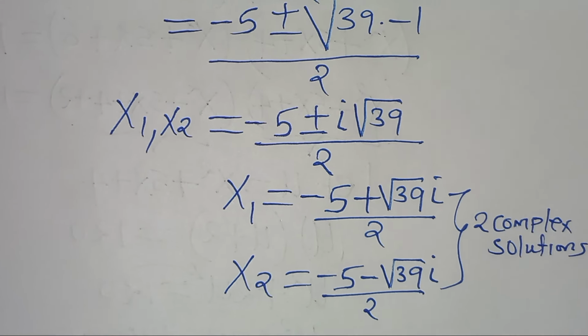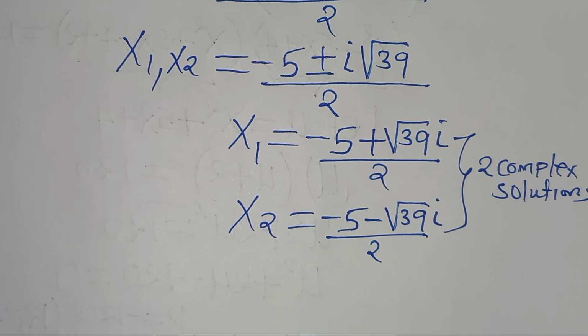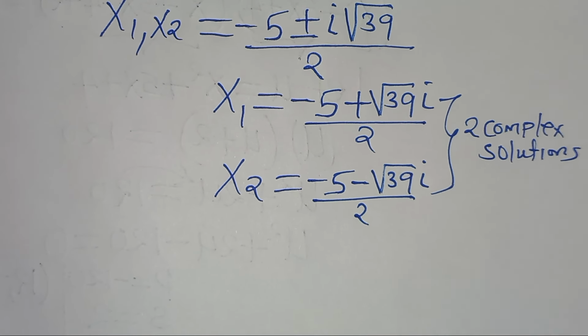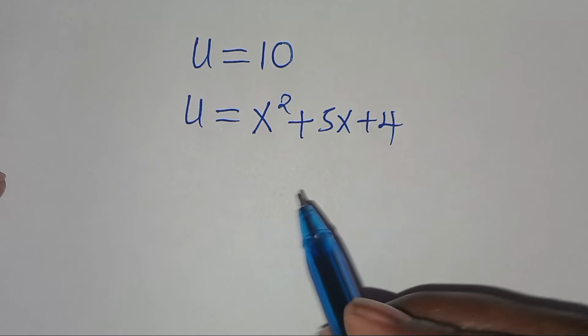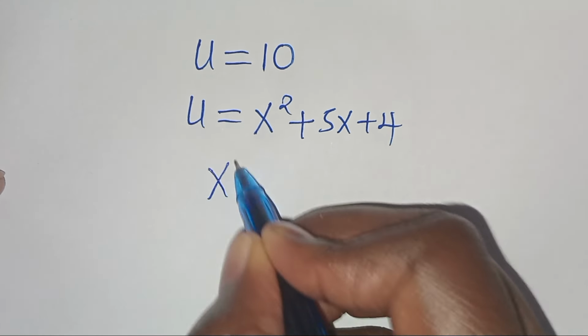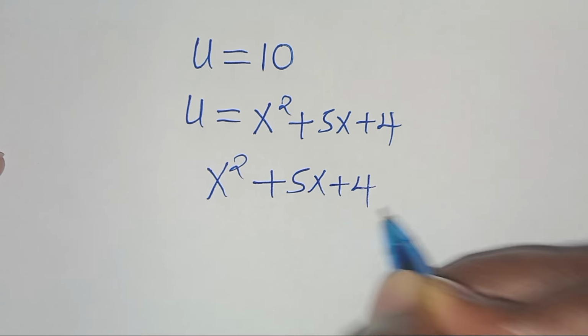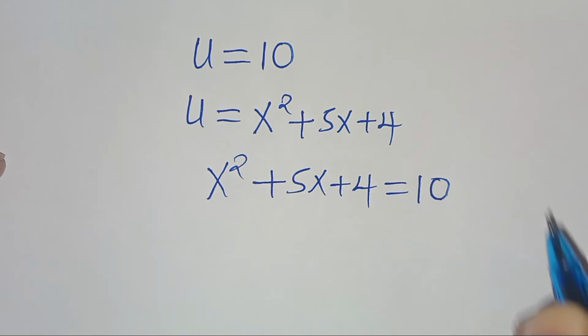So let's proceed to solve for the other values of x. Now, given that u is equal to 10, let's substitute here. We have x squared plus 5x plus 4. This is equal to 10.